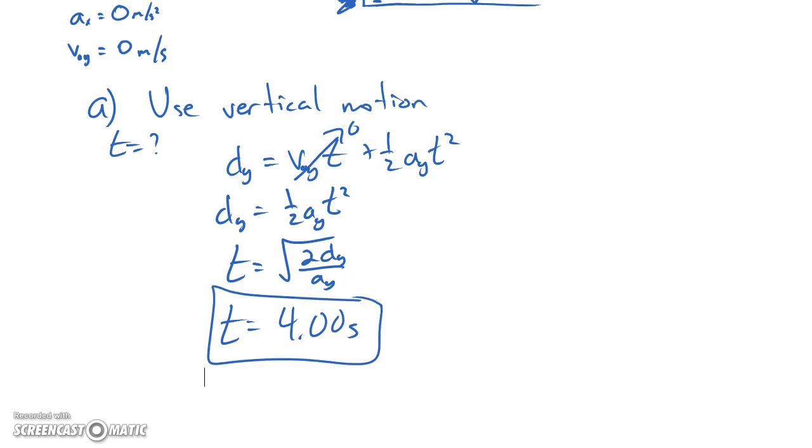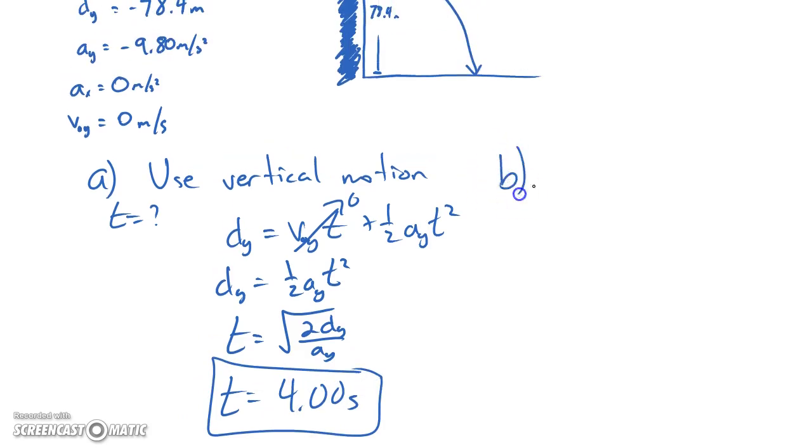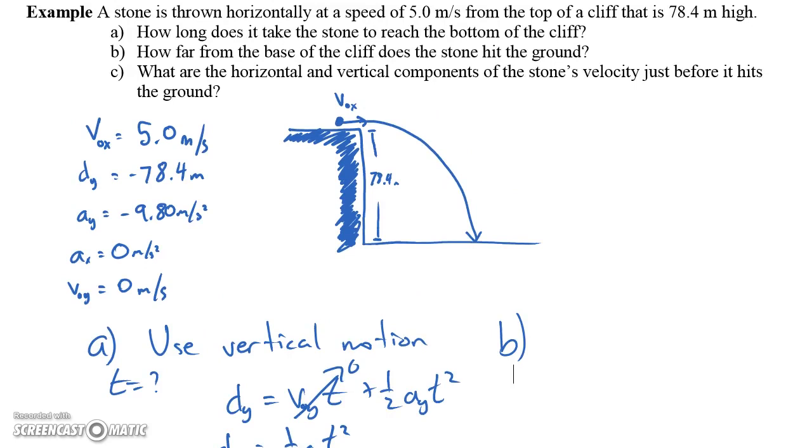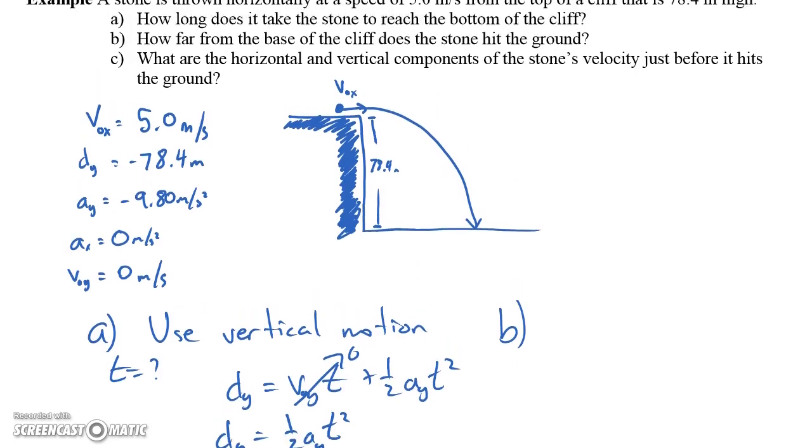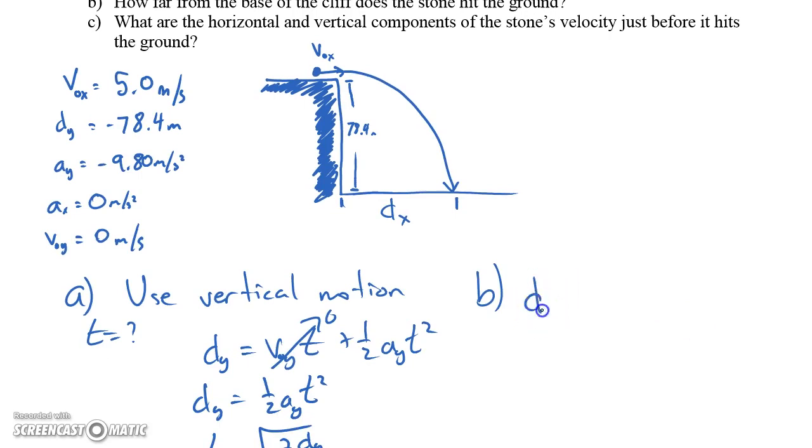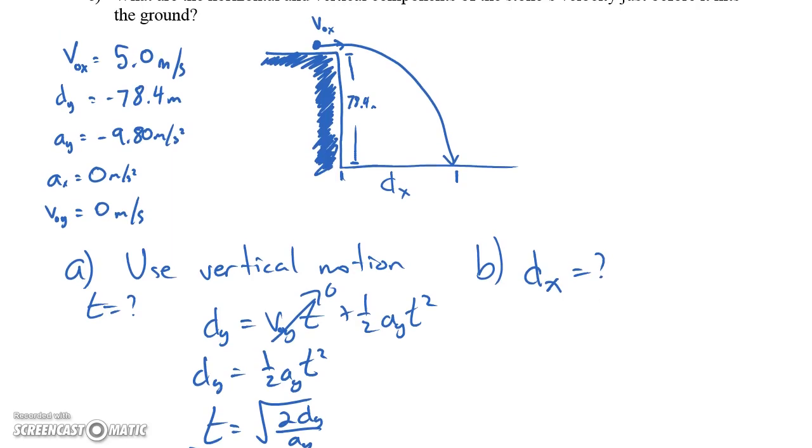Okay, so we've now got the time. Part B asks us for how far from the base of the cliff. So if we think about our diagram here, we're going from here to here, which is how far horizontally, so this will be dx. So we're looking for dx. So horizontal motion, we're not looking at anything vertical.